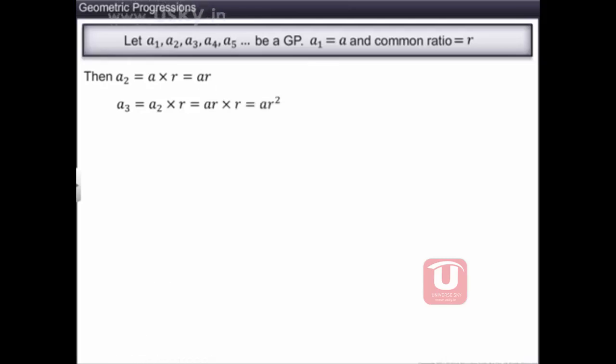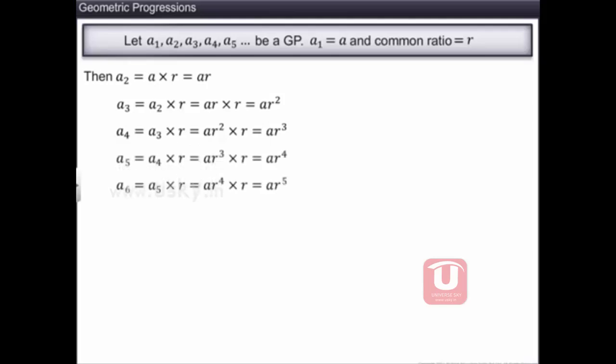Likewise, the nth term can be obtained by multiplying the common ratio r with the n minus 1th term. The nth term is also known as the general term of the GP and is denoted by a subscript n. With the help of the general term, we can find any required term in the sequence without actually finding the preceding terms. Thus, we have the general form of GP as shown.